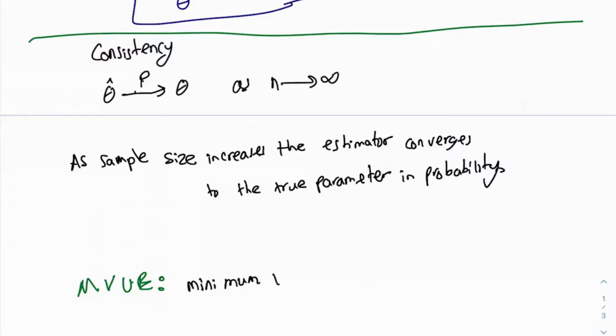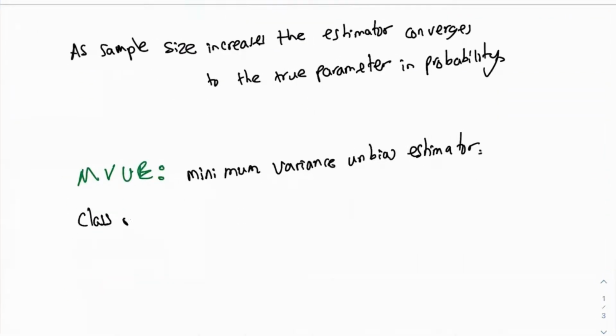This is a class of unbiased estimators with the lowest variance.